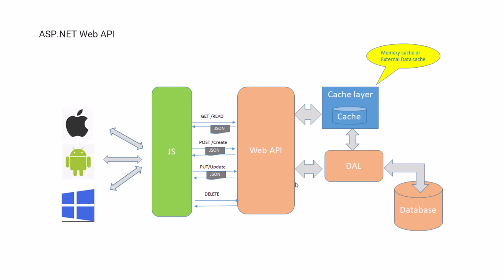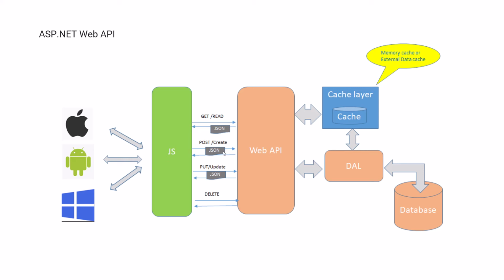So basically, this web API is communicating with a wide range of applications, as I mentioned: iOS, Android, web. It doesn't matter which application it's talking to, and it doesn't even matter which language is used to build the web API.